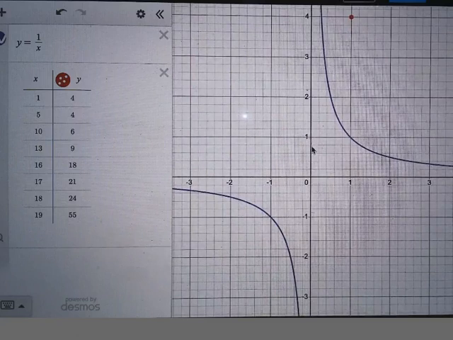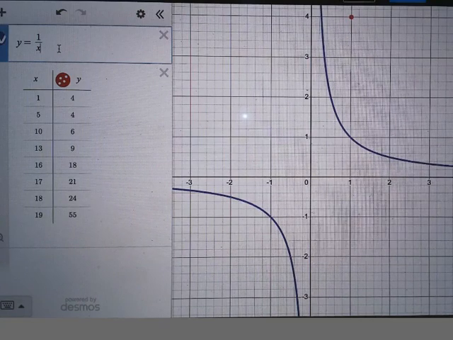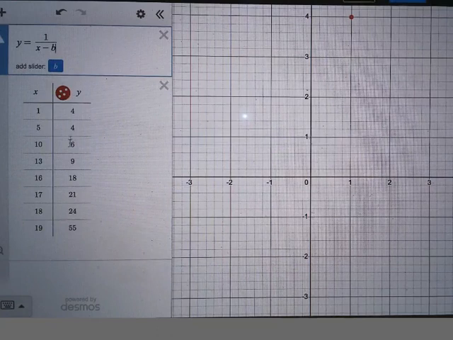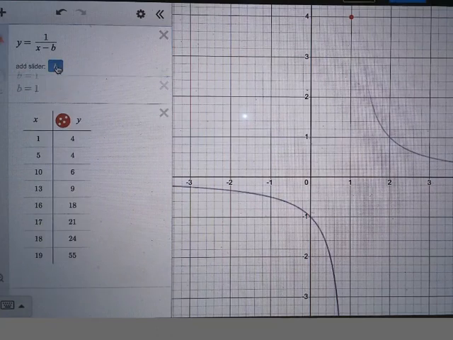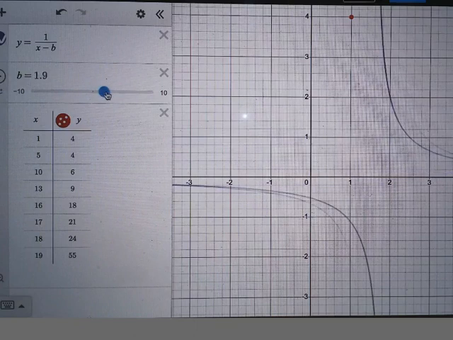And just like any equation, what we've learned before is that you can move these around, and we can change the shape. So I'm going to put first a minus b there, and let b be a slider, and you can see then that I can slide it sideways.